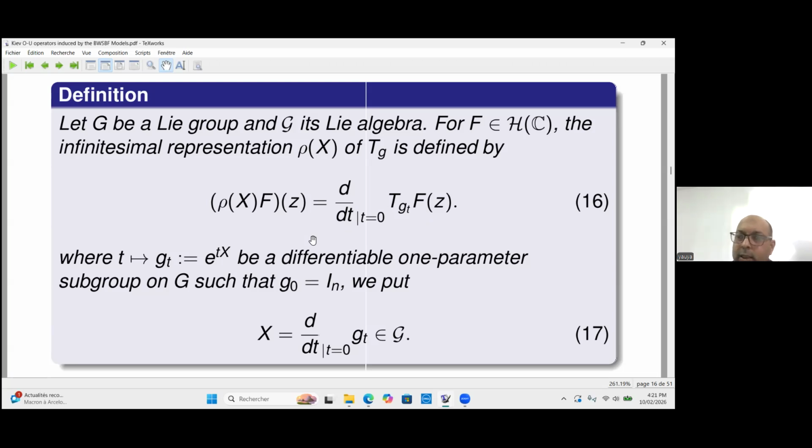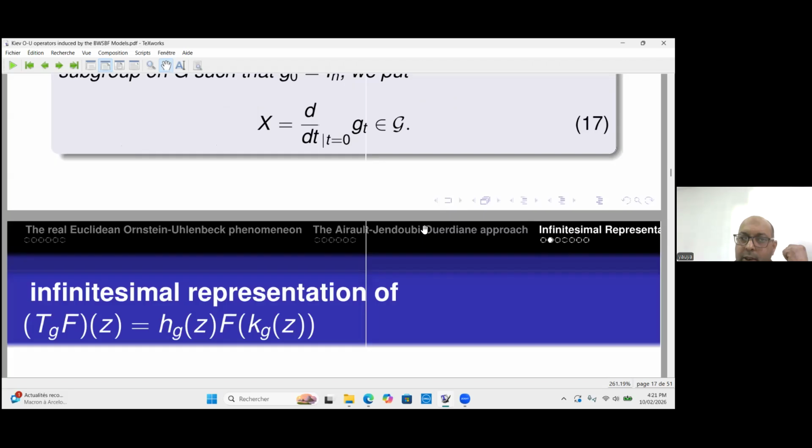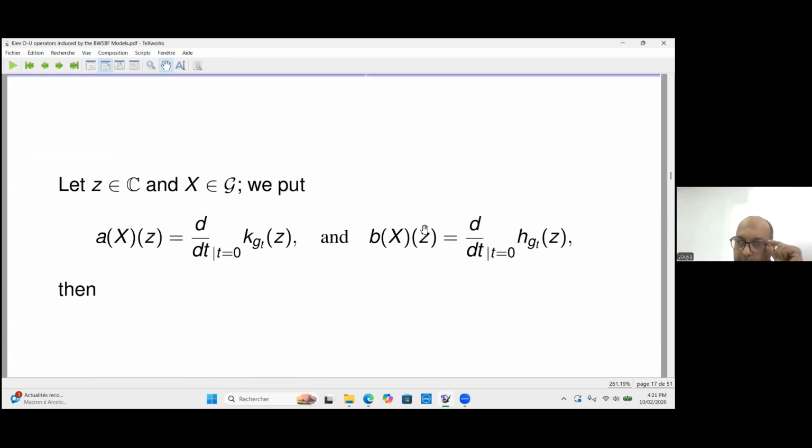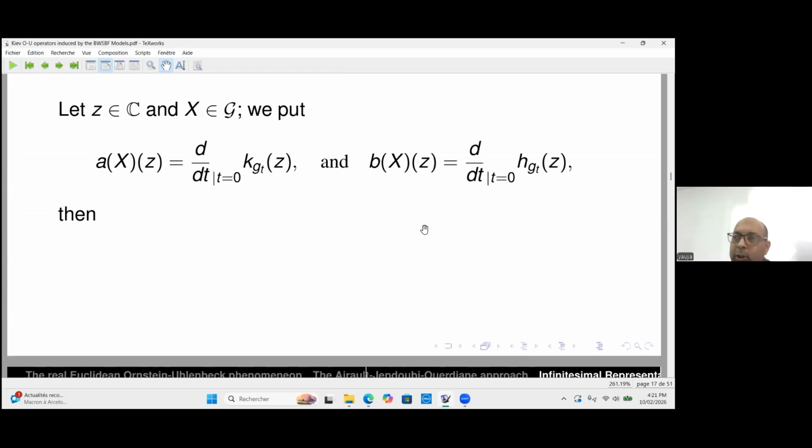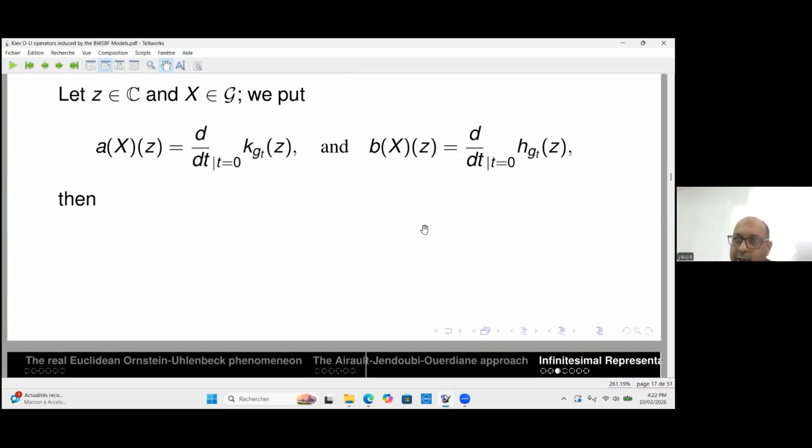If we rewrite our representation for any g, and we replace it by this g indexed by t, which is just a curve on the group passing through the identity, we obtain that the infinitesimal representation is a first order differential operator. Just, we denote A_x(z) the derivation at zero of the action, and B_x the derivation of the multiplication function h_g.